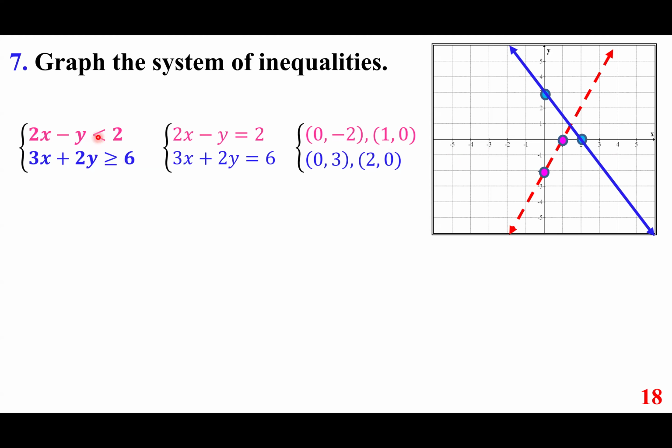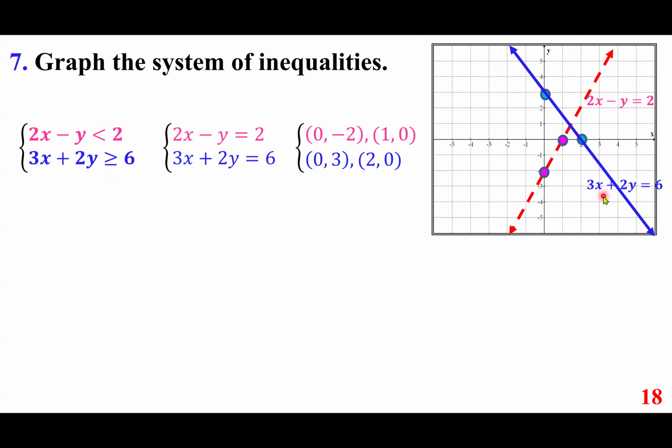This is the less than, and therefore this line is a dashed line. This is greater than or equal, therefore it's a solid line. So if it has the equality, it must become a solid line. Otherwise, it's dashed line. So let's put the equations next to them. This is 2x minus y equals 2. This is 3x plus 2y equals 6.